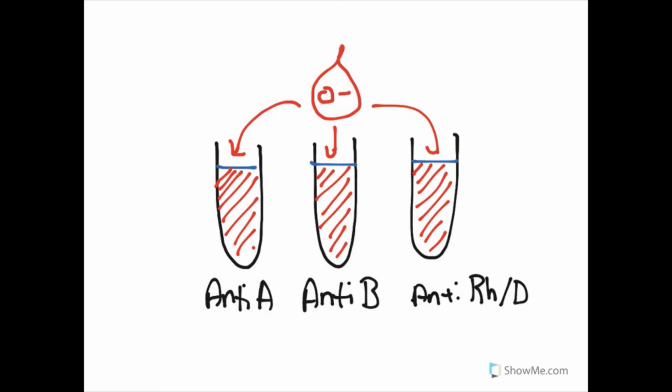So anytime you mix blood for a patient, this is what we call O negative blood, the universal donor. Though it has anti-A and anti-B antibodies in it, they're so dilute, or we can remove them, so it doesn't matter.